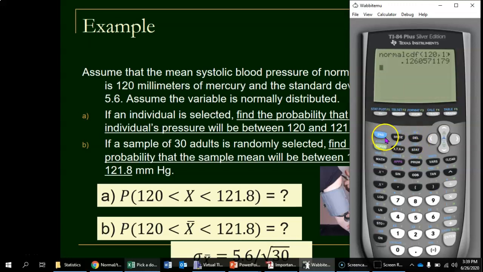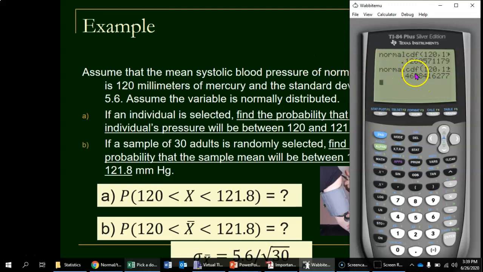Now for part B, go back to the distributions menu, select normal CDF. We still have a lower of 120, an upper of 121.8, a mean of 120, but now the standard deviation is 5.6 divided by the square root of 30. And now the answer it gives me is 0.4608.